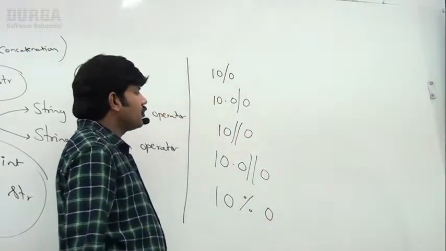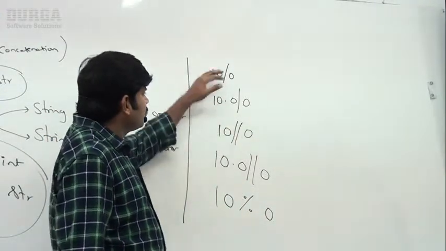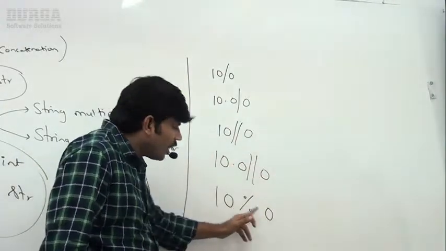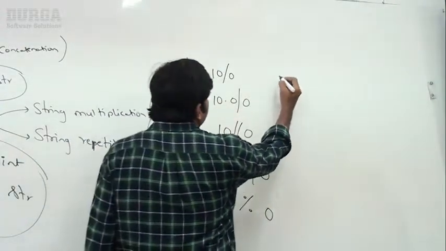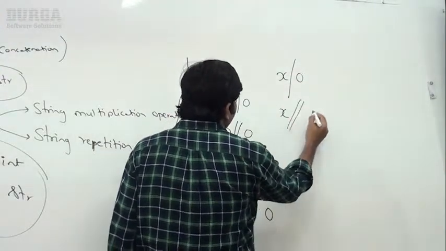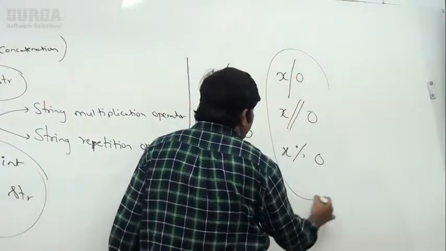Very simple: if you perform any number x by 0, or floor division 0, or x modulo 0, remember that.